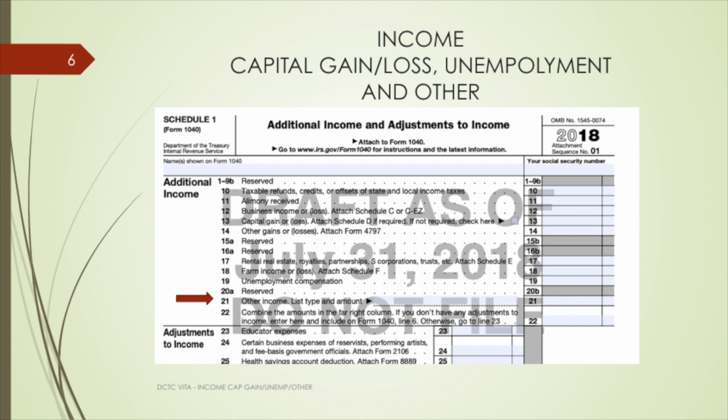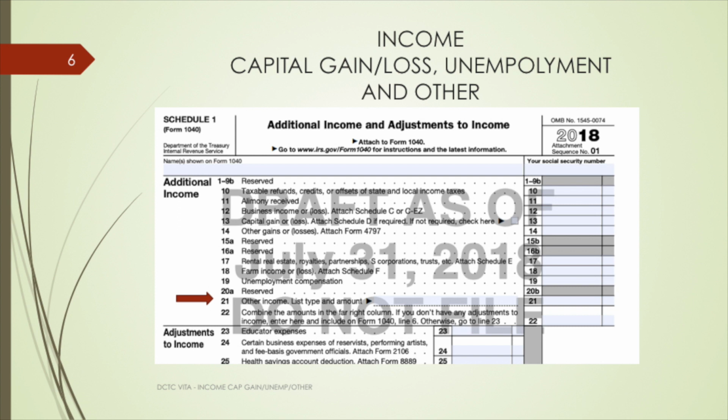Also, line 21 includes cancellation of credit card debt. That debt becomes taxable income to the taxpayer. That is the cancellation of a credit card debt. Jury duty pay is also taxable income and needs to be included in the other income line. However, if that jury duty pay is turned in to the employer, the taxpayer is entitled to an adjustment or a deduction of that jury duty pay as an adjustment to income.